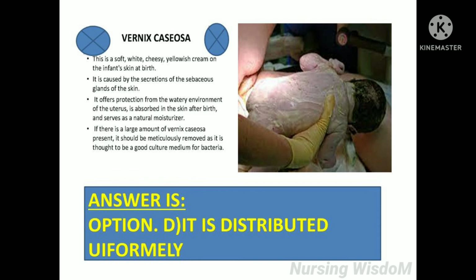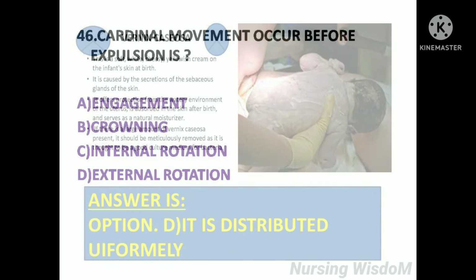It is caused by the secretions of the sebaceous glands of the skin. It offers protection from the watery environment of the uterus. It is absorbed in the skin after birth and serves as a natural moisturizer. If there is a large amount of vernix caseosa present, it should be meticulously removed as it is thought to be a good culture medium for bacteria. So here the answer is option D, it is distributed uniformly.